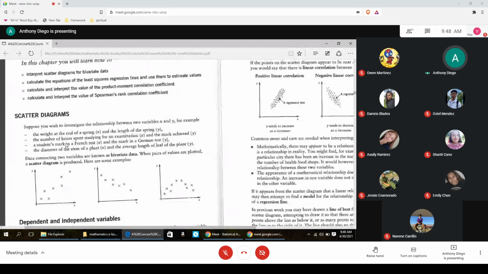These are the examples, the weight at the end of a spring X and the length of the spring Y, and the other one that I read. What did you notice there? What did I comment when it comes to those relationships? Anybody? What is it?